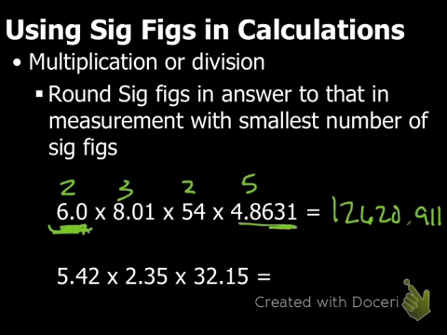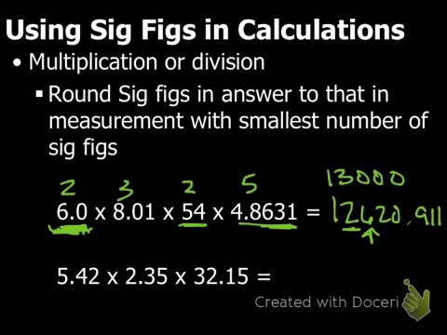This one has a much more precise piece of equipment. But our answer cannot be more precise than our least precise piece of equipment. So that's why we would have to round this to 2 sig figs. So this would become 1,300 because I have to round it at this place, again rounding up because this number is greater than 5.